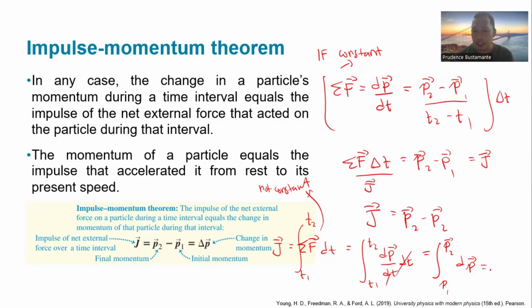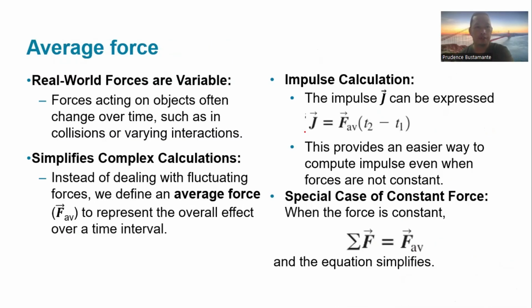So this will become p2 minus p1. That's what we call, in any case, whether constant or not constant, the impulse is equal to the change of the particle's momentum.